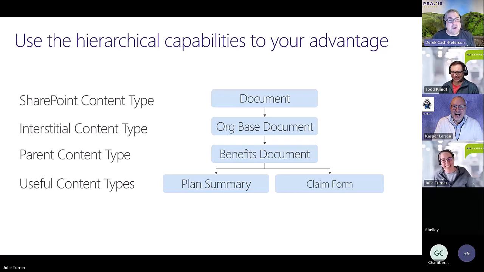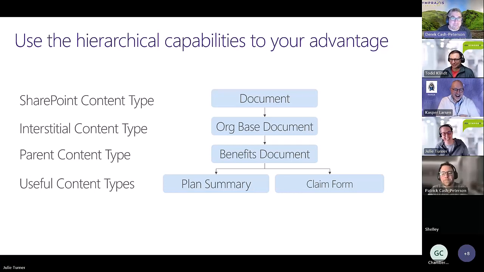All right, anyway, so we have an interstitial content type. We generally create one for the organization in the event that we want to search, say, all the documents for the organization in the intranet or in X, Y, or Z. It gives us sort of that root.